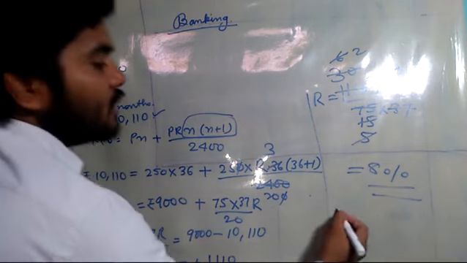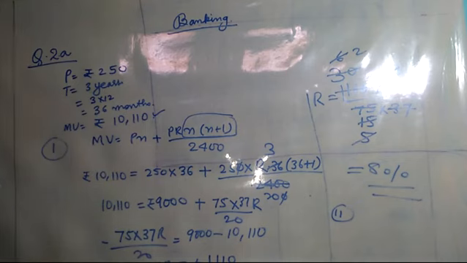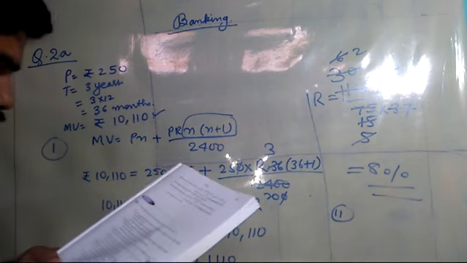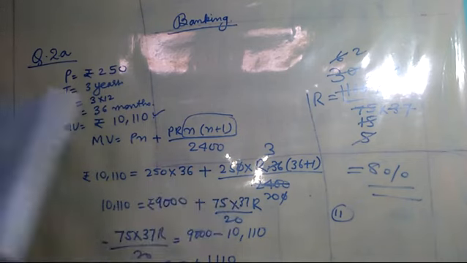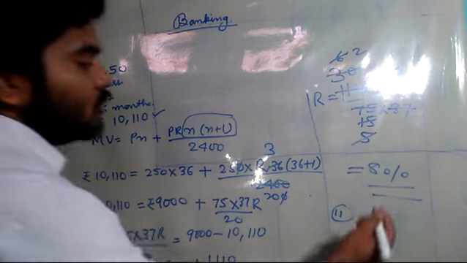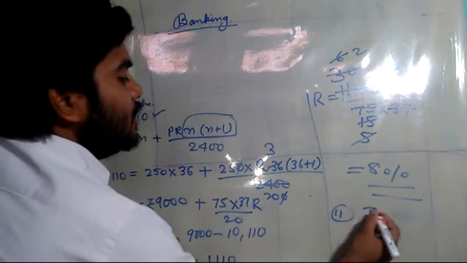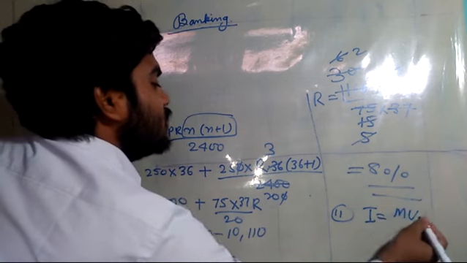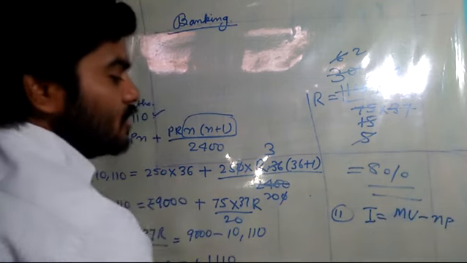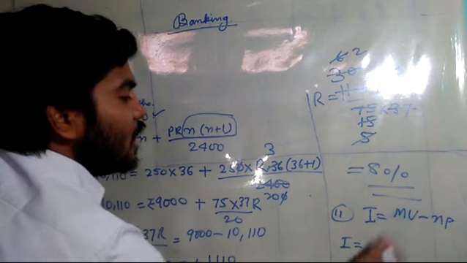Now second part they are asking to calculate the total interest earned by Mr. Sharma. So total interest, if I see, interest will be is equal to maturity value minus NP. So interest is how much? I don't know.